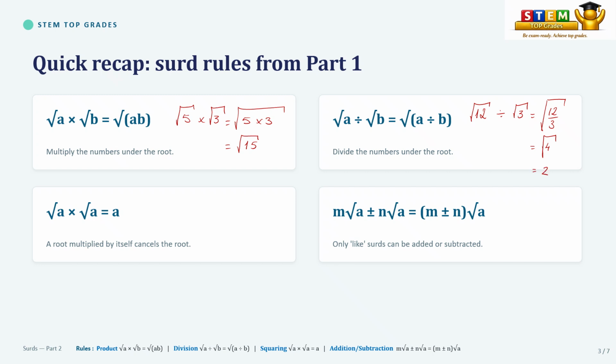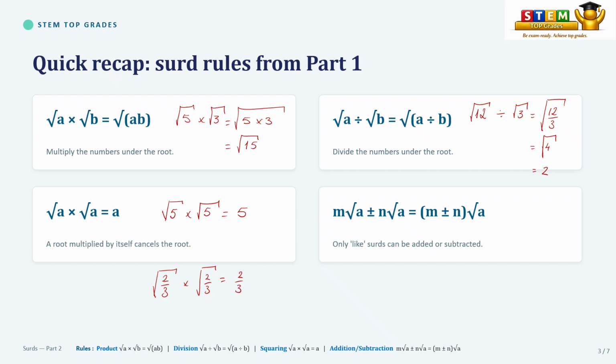The third one is the square root of a multiplied by the square root of a, which ends up giving a. If you take the square root of 5 multiplied by the square root of 5, it's identical, so you end up with 5. If you take the square root of 2/3 and multiply it with the square root of 2/3, you'll end up with 2/3.